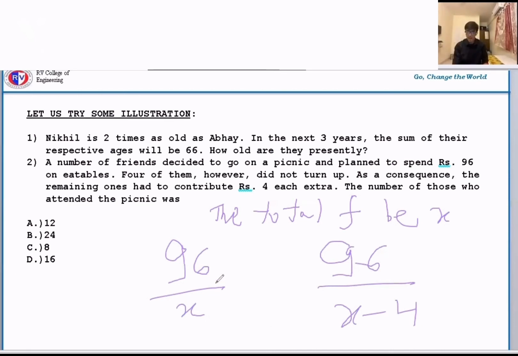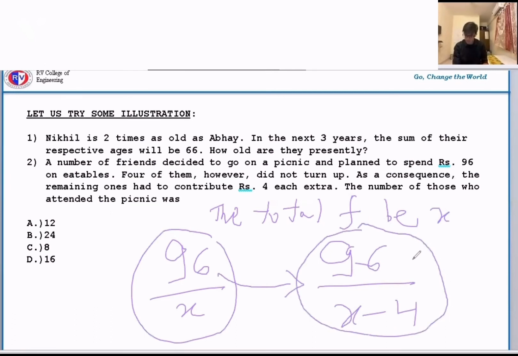This means that if I subtract the equation for the total share from the share being distributed among the friends who turned up on the trip, and if this equation is A and this equation is B, I'll get that A minus B would be equal to 4, as they have to contribute rupees 4 each extra.